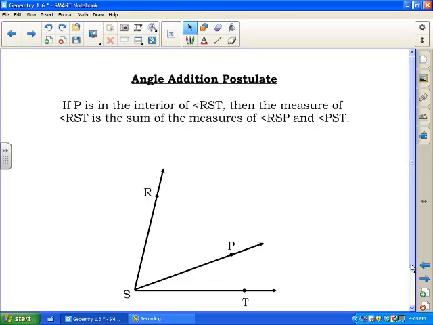The angle addition postulate says that if P is in the interior of angle RST, then the measure of angle RST is the sum of the measures of angle RSP and angle PST. So in other words, when I break the largest angle, angle RST, into two separate pieces, the sum of the measures of the two smaller pieces still need to add up to the original angle, angle RST.